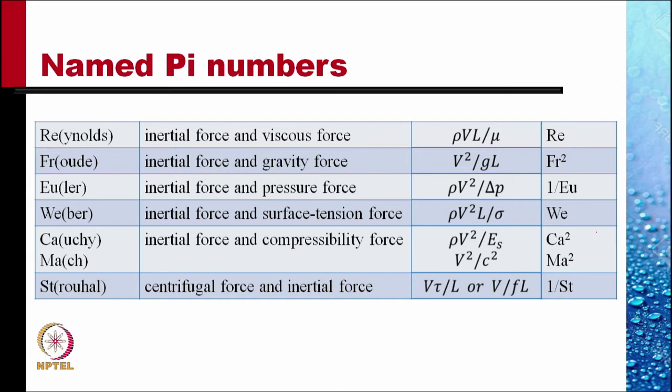Froude number is equating the scale factor for the inertial forces and the gravity forces, and we get V square by Gl, the square root of which is termed as the Froude number. So V square by Gl is Froude number squared. By equating the scale factor of inertial forces and pressure forces, we get rho V square by delta P, which is inverse of what is called the Euler number.